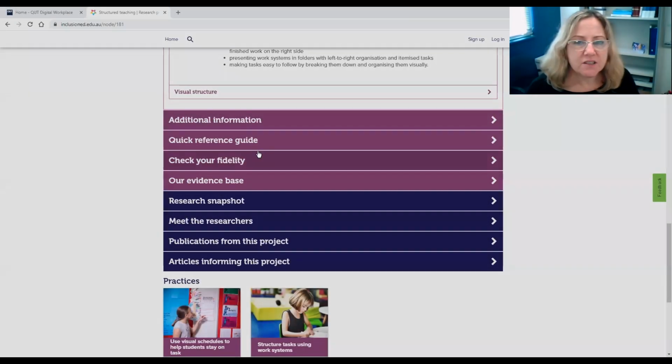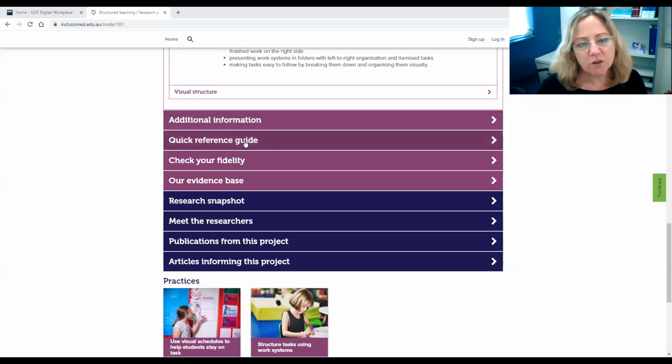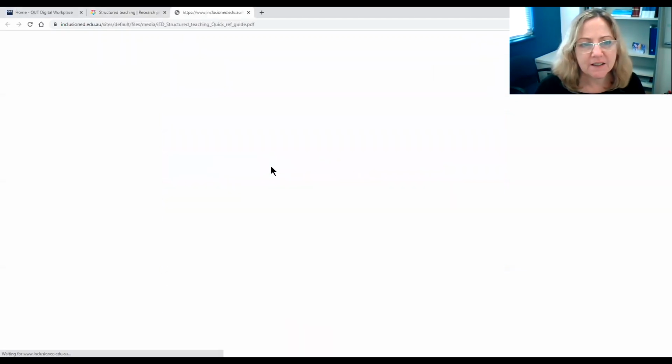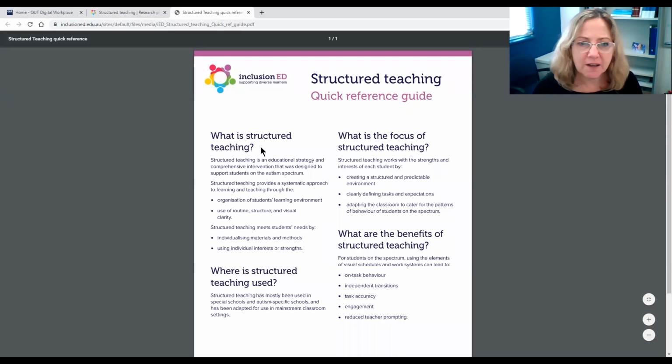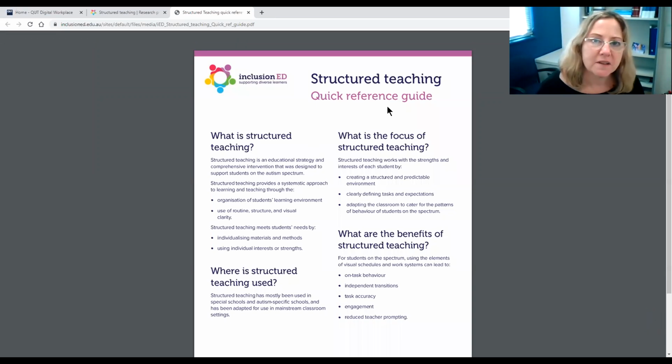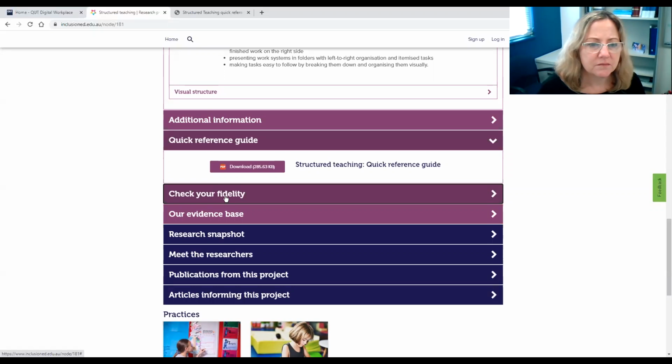There are a couple of features of inclusionED that will support you to communicate information about these practices with your colleagues or school leadership. And that is the quick reference guide as the first one. It is a sheet that really allows you to explain to others what the purpose of structured teaching is.